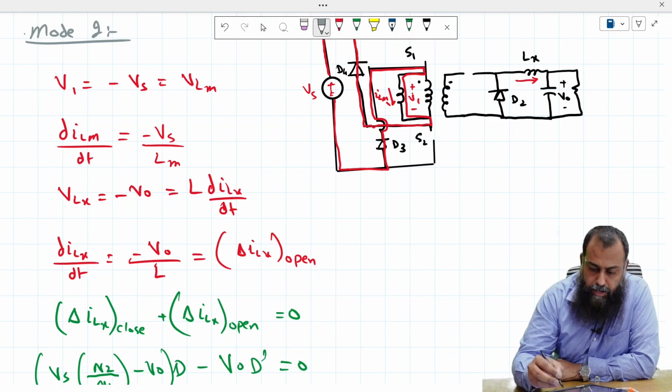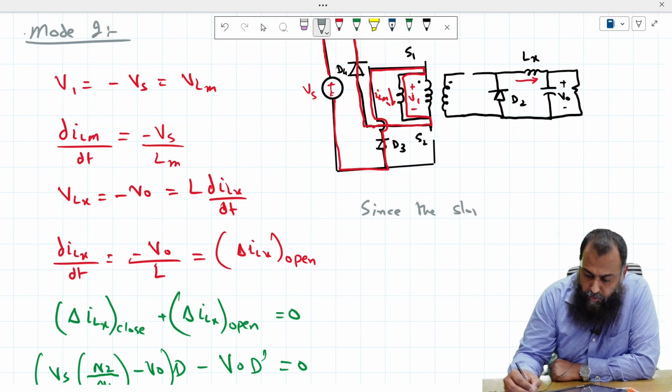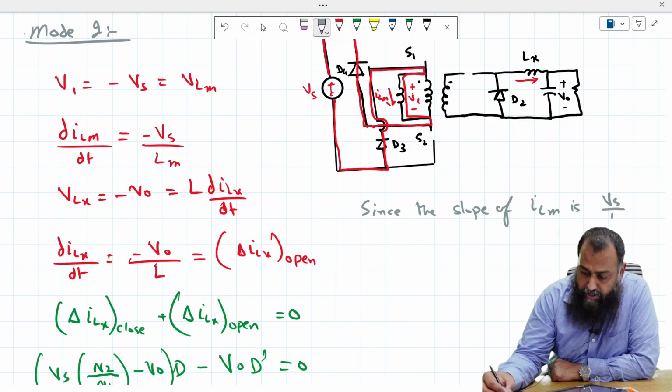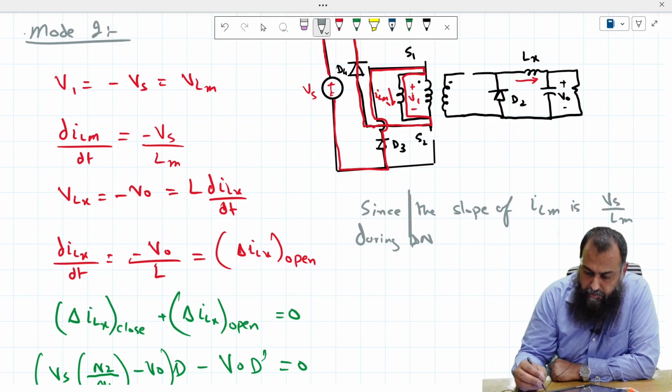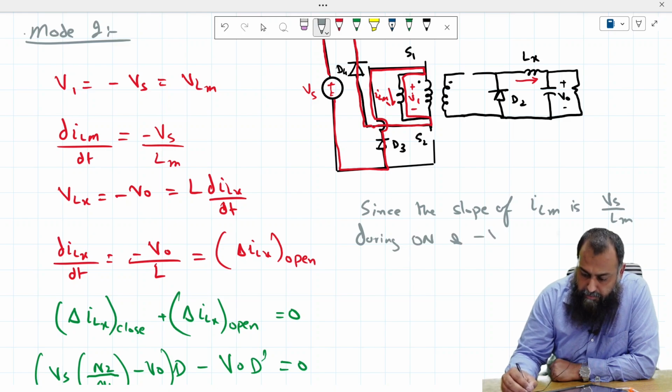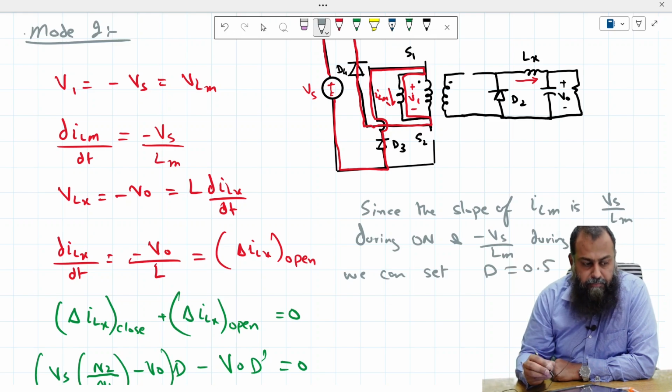So let me write this fact here. Since the slope of ILM is Vs over Lm during on, and minus Vs over Lm during off, we can set D equal to 0.5, and this is the maximum that we can do.